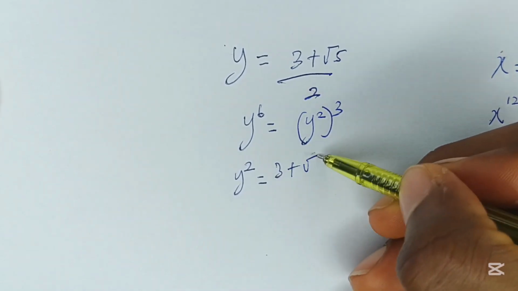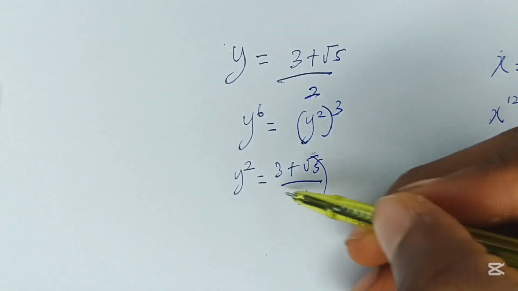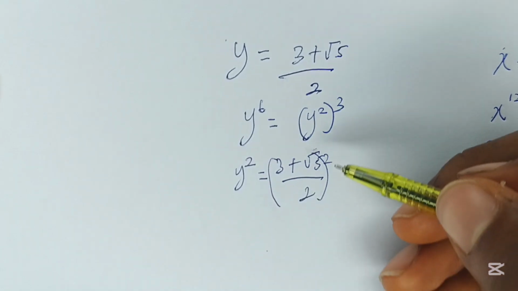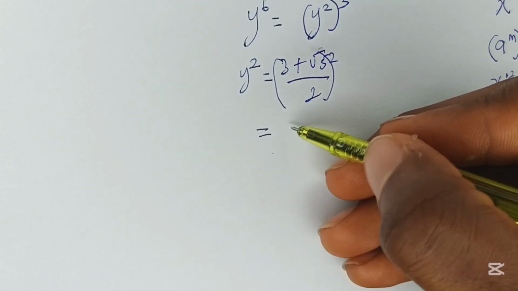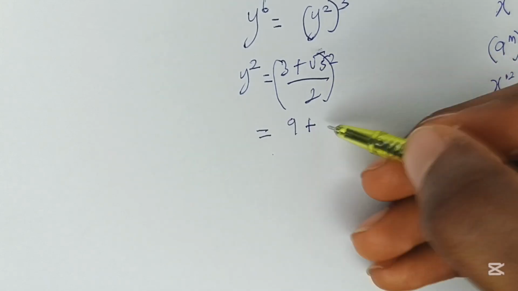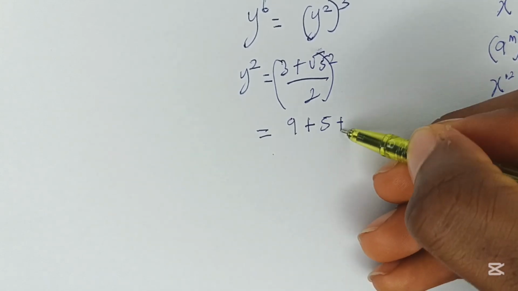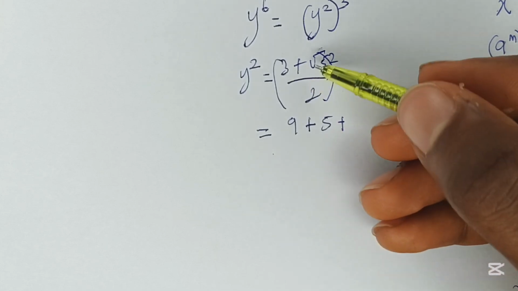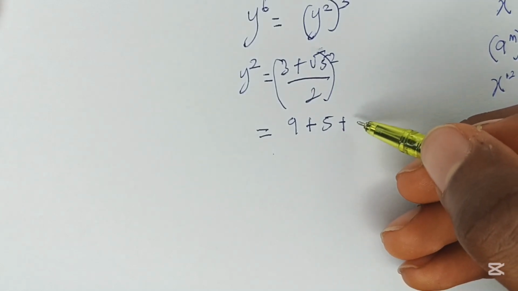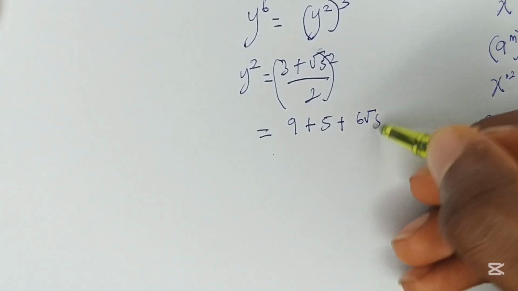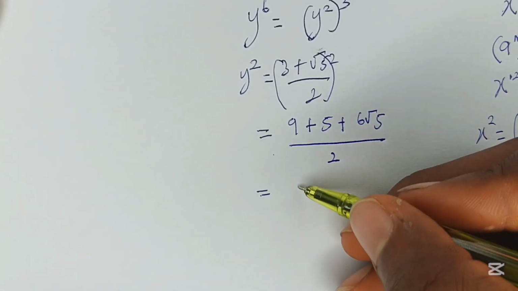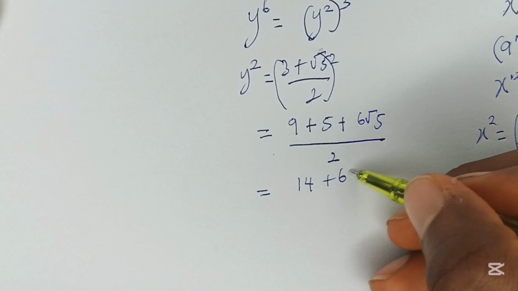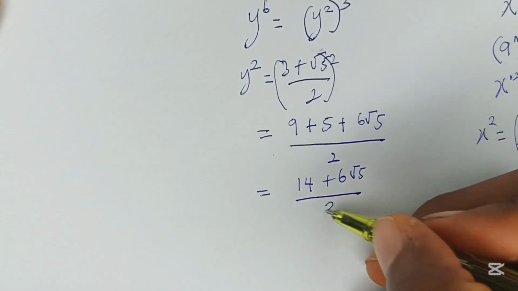((3 plus root 5) all over 2) raised to the power of 2. So we now have this to be equal to 3 squared is 9, plus root 5 squared is 5, plus 3 times 2 is 6 times root 5 is 6 root 5. So we have 6 root 5 all over 2. This is now equal to 9 plus 5 is 14, plus 6 root 5, all over 2.